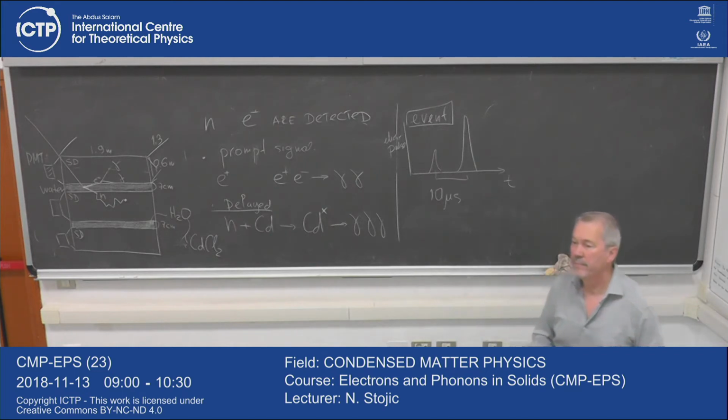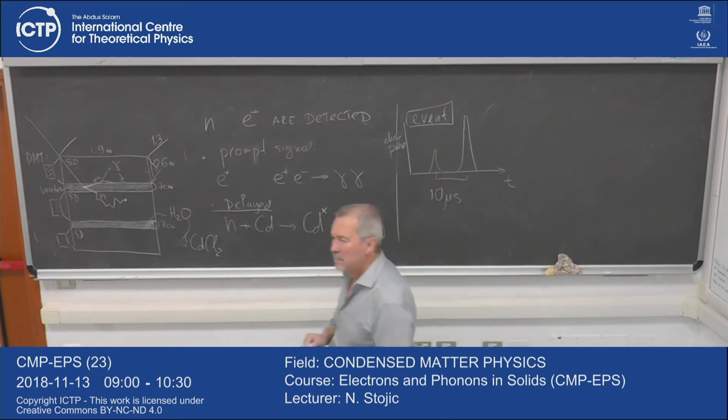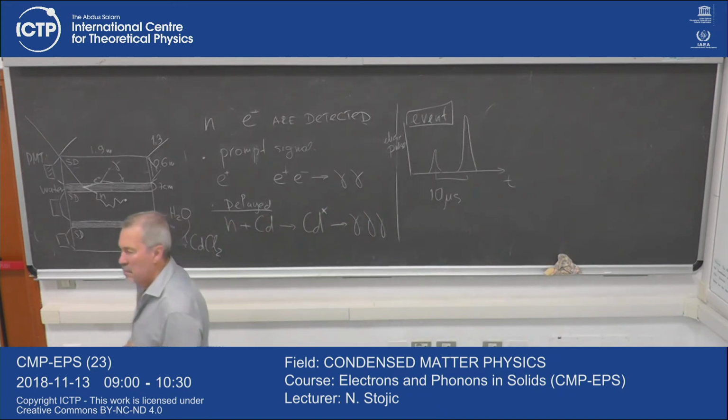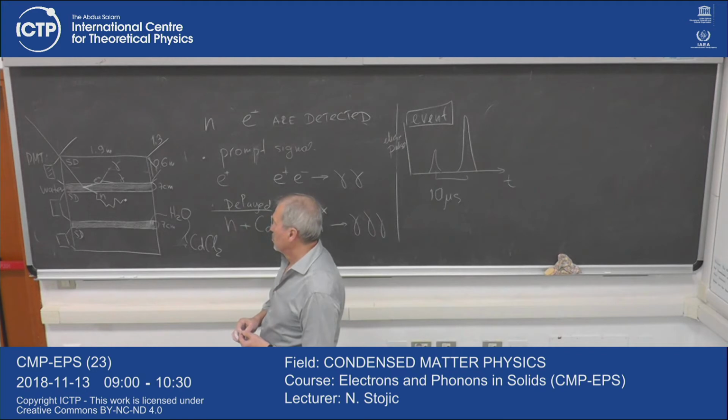Questions? You said that the positron has much lower energy than the neutron, and so it has lower cross-section and probably should take more time to interact than the neutron. No, but this is a charged particle, and you see these are electromagnetic cross-sections here.